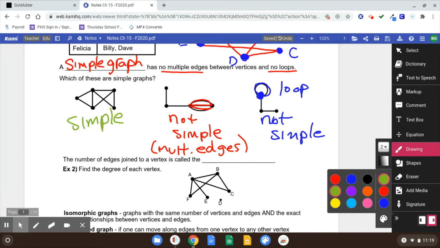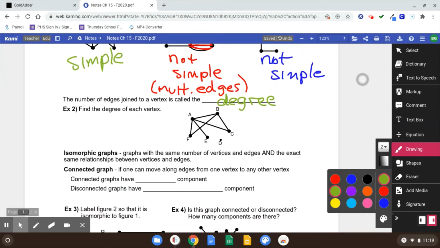The number of edges joined to a vertex is called the degree. The easy way to see degree, look at number 2, find the degree of each vertex, is just think about how many lines are coming out of each dot.